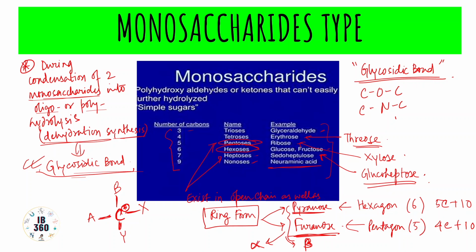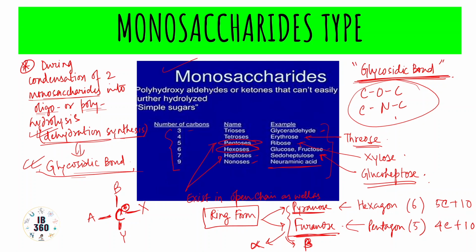Basically, the carbon atoms form the glycosidic bonds. They undergo condensation, and through condensation they form oligosaccharides and polysaccharides, and that would also be named a dehydration synthesis process. And pentoses and hexoses are found in rings also, along with open chains.